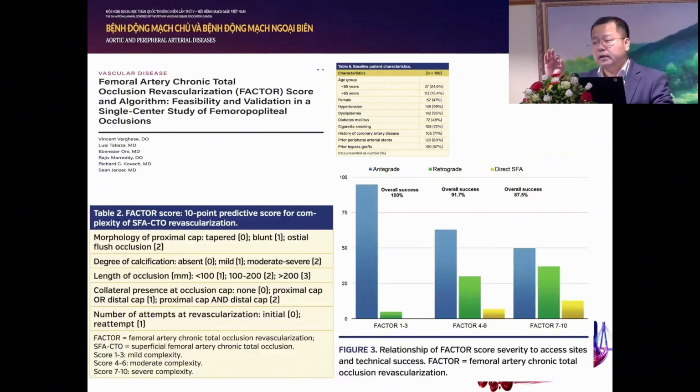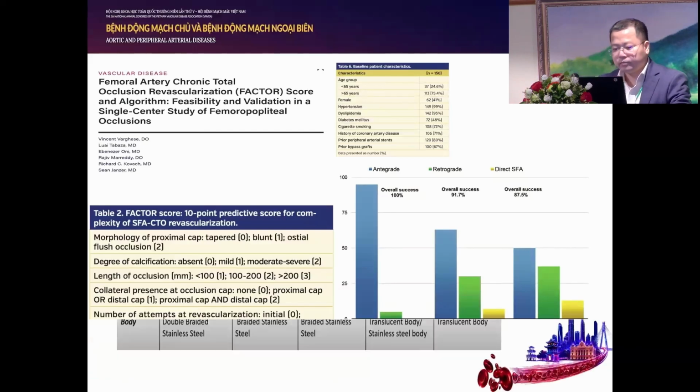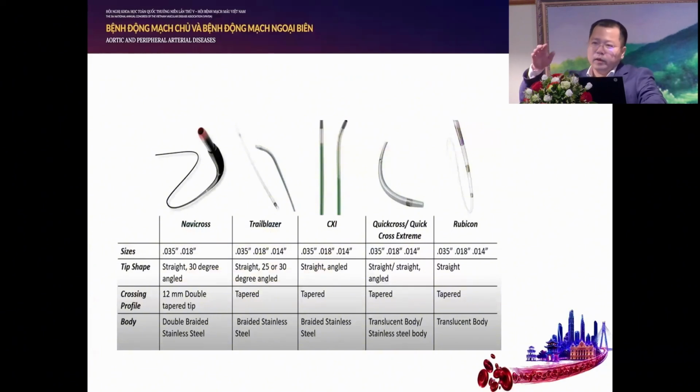With a factor of 7 to 10, we must combine antegrade and retrograde and use the cut or reverse cut technique, or SAFARI, for example. We always use a microcatheter to support the wire or cross the lesion, but sometimes we don't have one. In Vietnam, we have Navicross, Chain Blaster, and Rubicon.